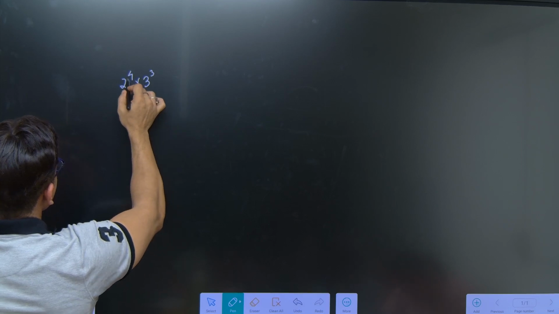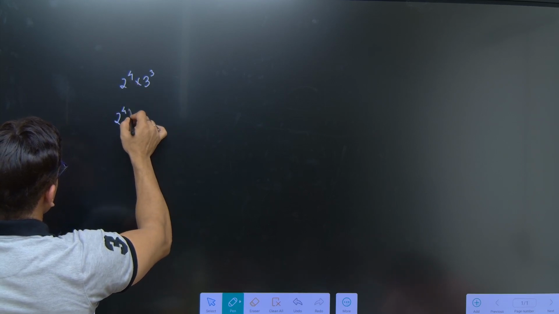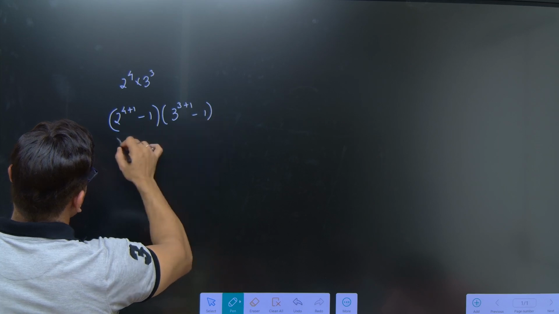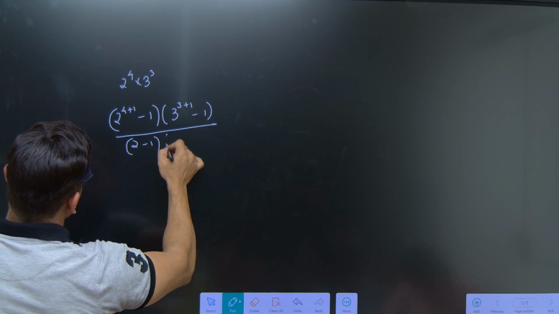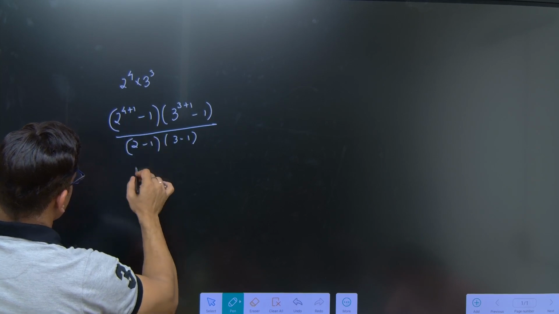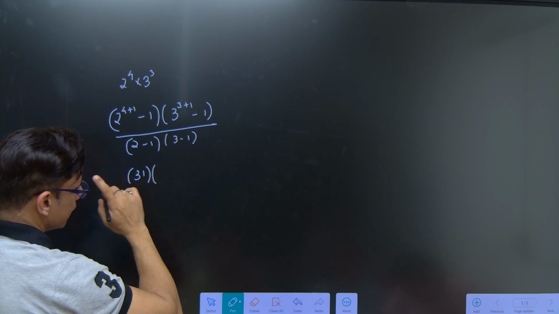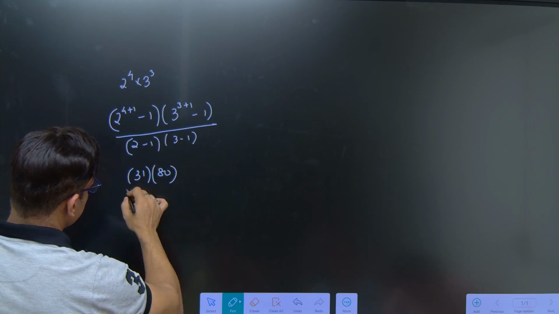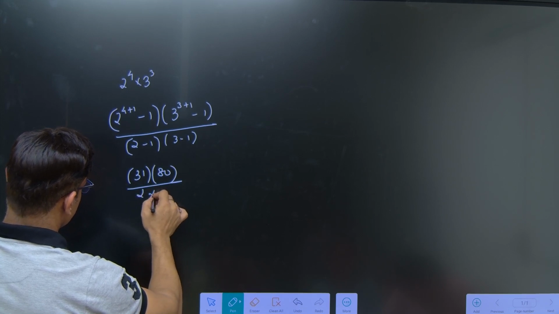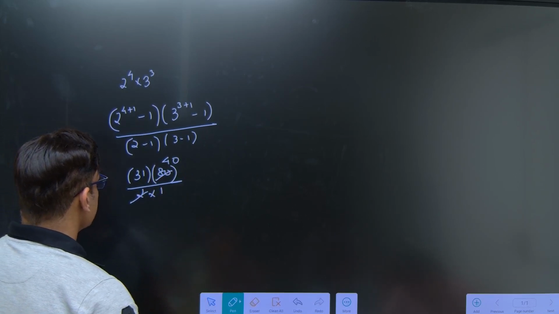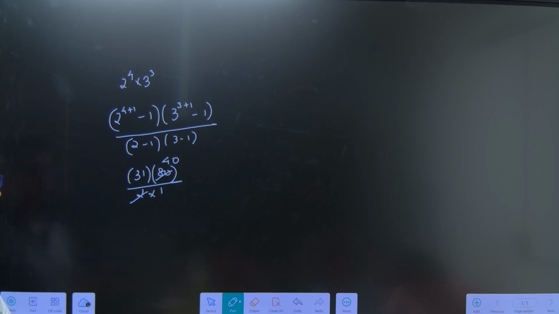What you can do? 2 raised to the power 4 plus 1 minus 1, 3 plus 1 minus 1 divided by 2 minus 1, and 2 raised to the power 5, 32 minus 1, 31. 3 raised to the power 4, 81 minus 1 is 80 divided by 2 into 1. One two four zero.